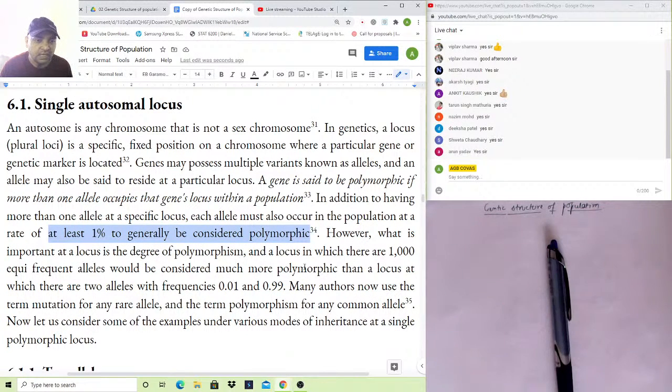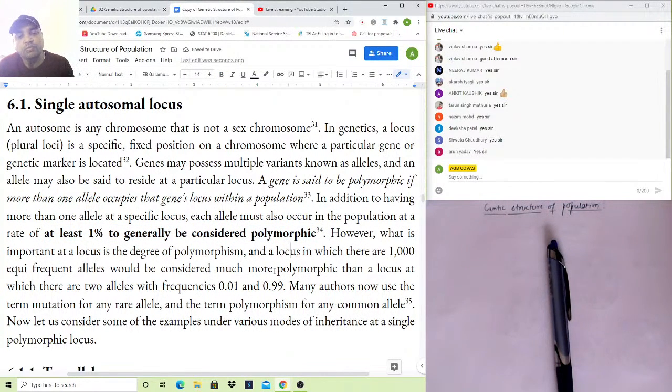Okay, so if there are 100 people, a different form of allele must occur in at least 1%. So that is one of the requirements for a population to be called polymorphic instead of monomorphic. In monomorphic there is only a single element, right?